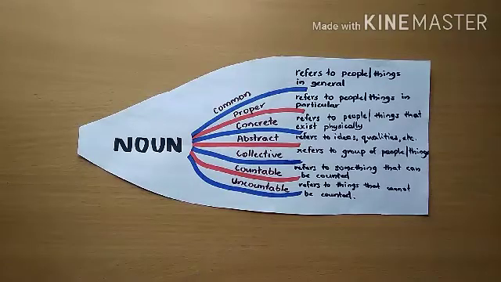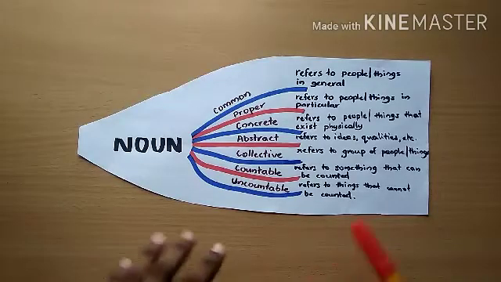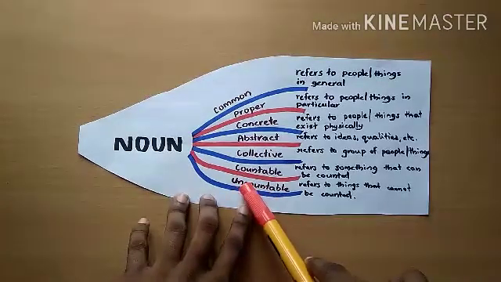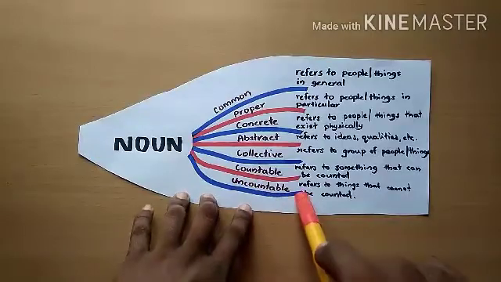No, we will not be able to count them. So we call it an uncountable noun. Another example is any gas or anything that is in a gaseous state. We will not be able to count it. So those things we categorize under uncountable noun.